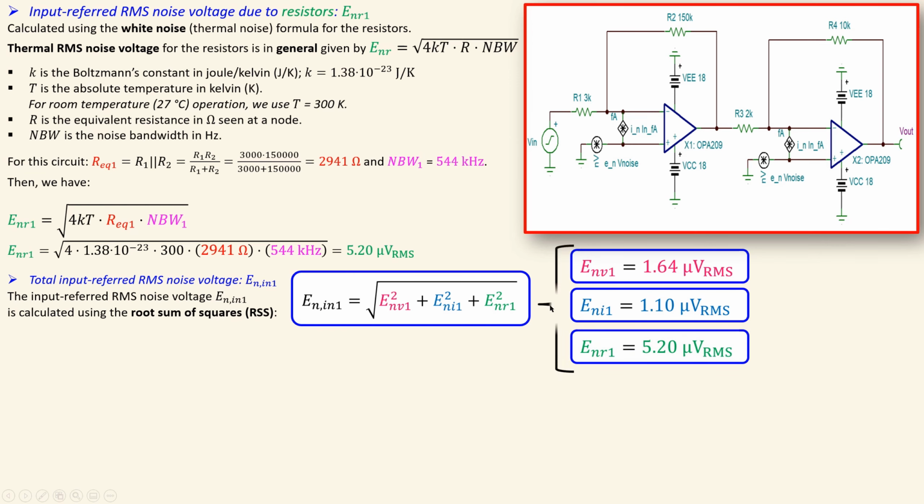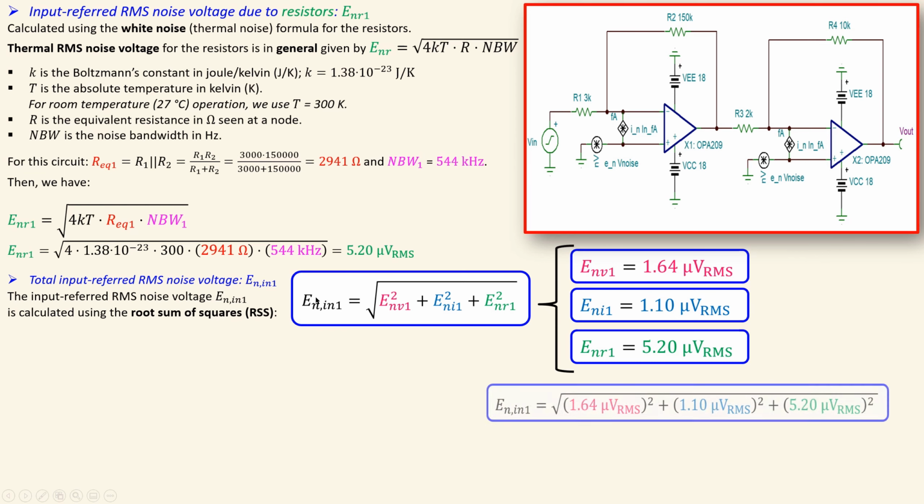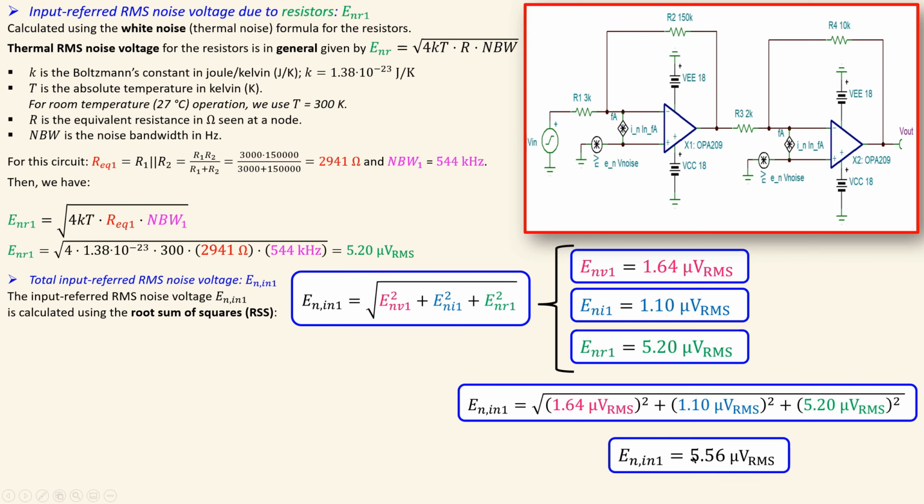If you combine these using this formula and substitute the values, you will get 5.56 microvolts RMS. You can see this is very close to the thermal noise voltage of the resistors. So in this case, the thermal noise of the resistors will dominate again.